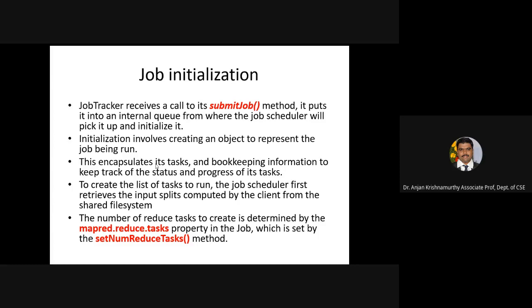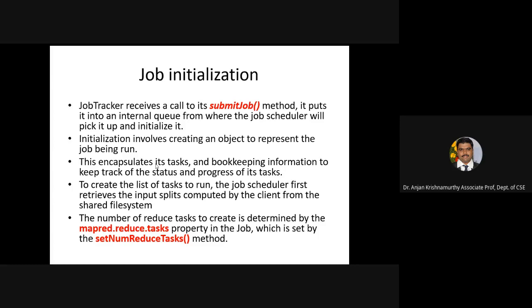Now, the next is it creates a list of tasks that is to run and the scheduler associated with that particular job, and also the input splits that are retrieved from the job resource unit, right? So these are the three important things that matter a lot in that particular system, right?